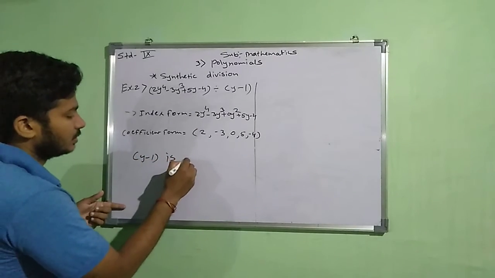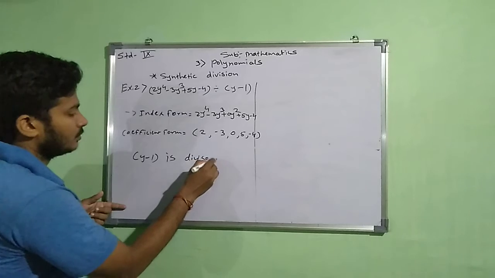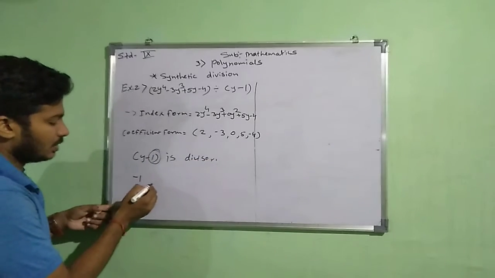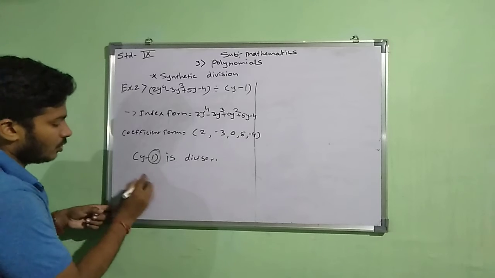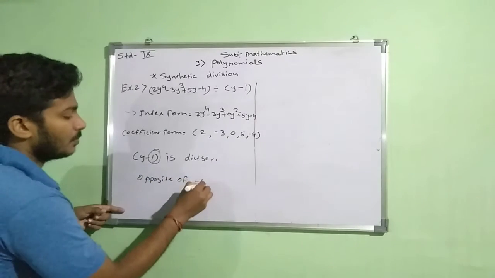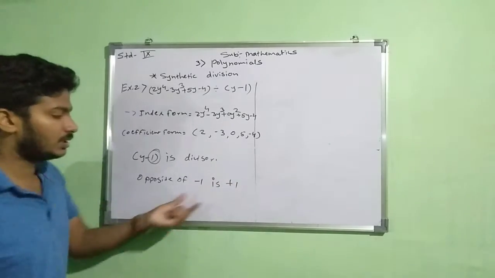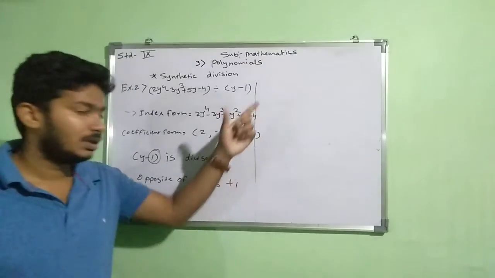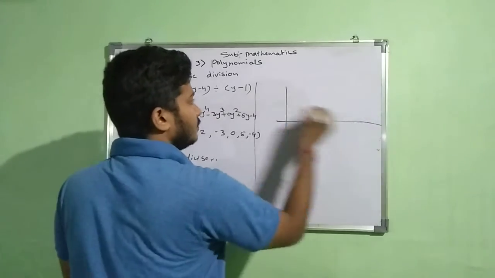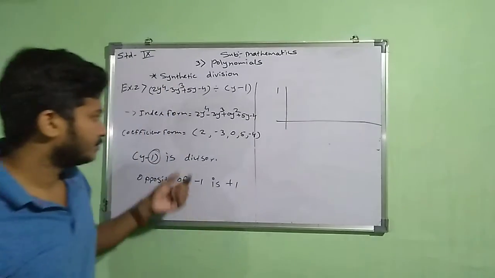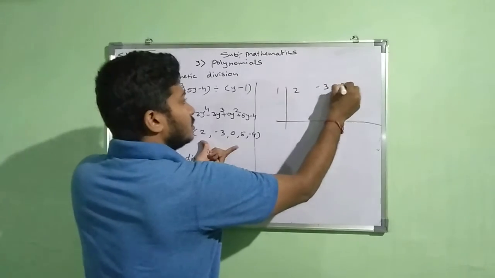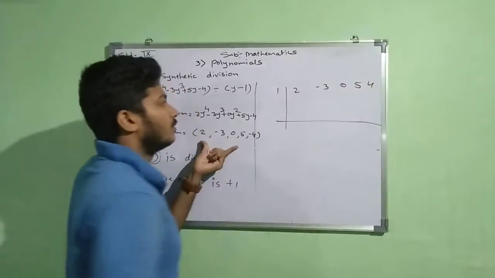If you look at the constant term, which is minus 1, the opposite of minus 1 is plus 1. So we have to use that plus 1 in our method. Plus 1 will come over here. Now the coefficients are 2, minus 3, 0, 5 and minus 4.